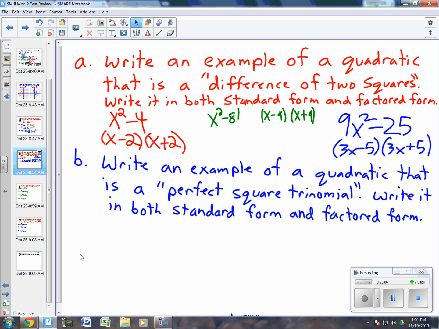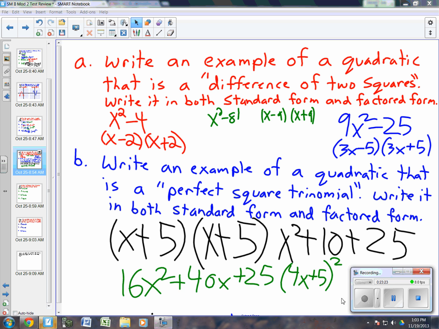Brandon, help him out. Brandon, give me your notebook. You guys get which one's the perfect square trinomial? The 16x squared plus 40x plus 25. Also the x squared plus 10x plus 25.